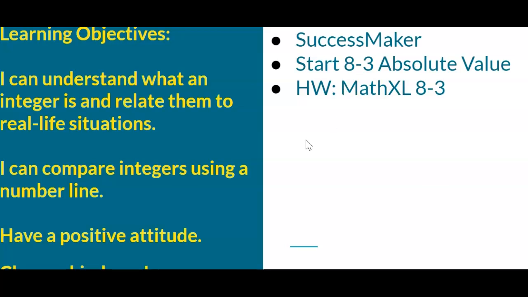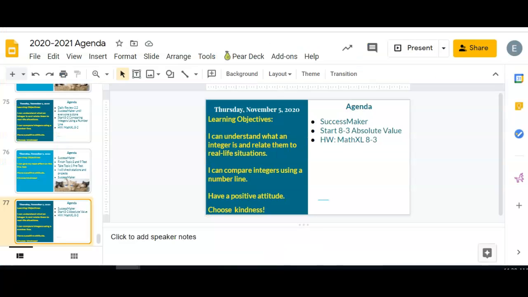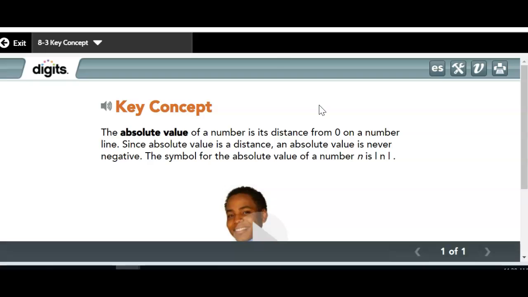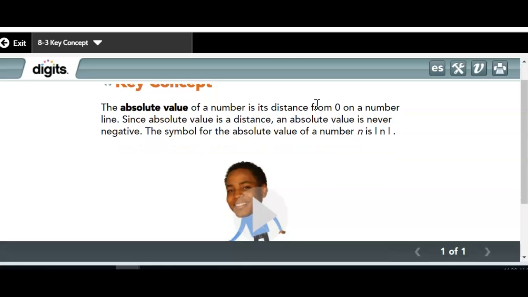All right, so talking about distance, it is called absolute value. Okay? The absolute value of a number is the distance from 0 on a number line.